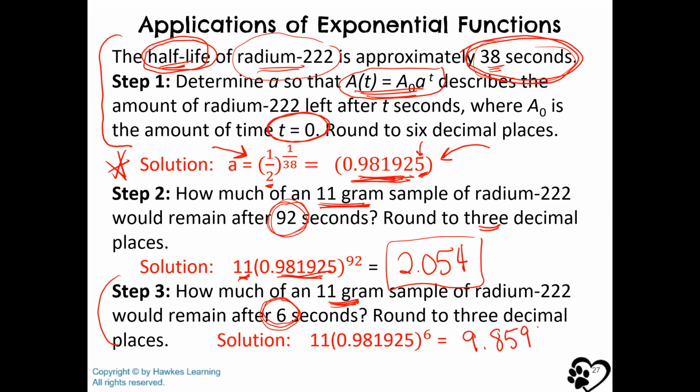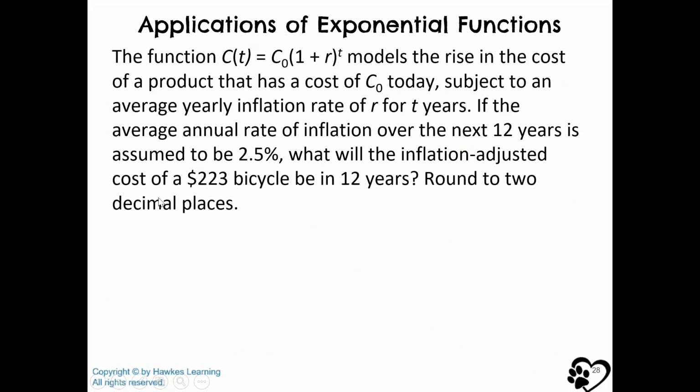Now I have 96. So what does a 6 do to a 9? It turns it to a 10. Carry the 1. So my answer is 9.860. You have to be careful on rounding, like I said. So let my solutions here help you with these problems, okay? Anyway, that's all I'm going to say about that.